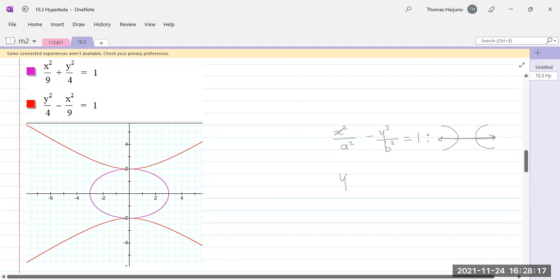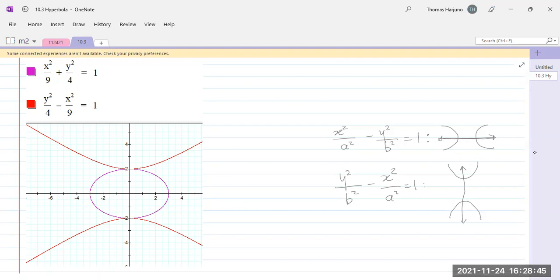If we have y squared over b squared minus x squared over a squared, where we start with the y squared term minus the x squared term, then it will open up and down, and the axis of the hyperbola is parallel to the y-axis.